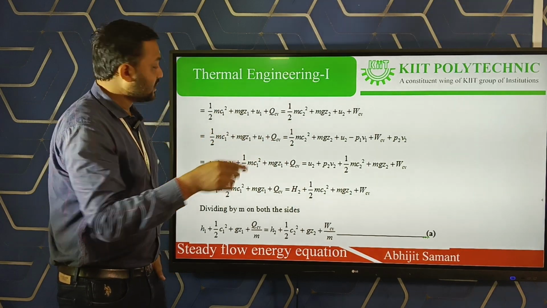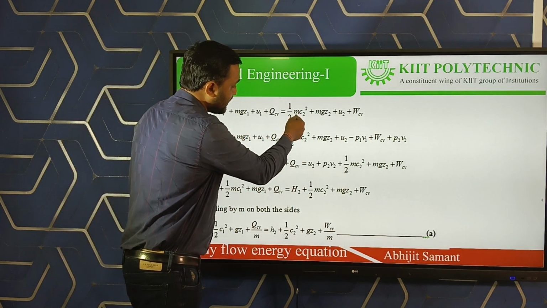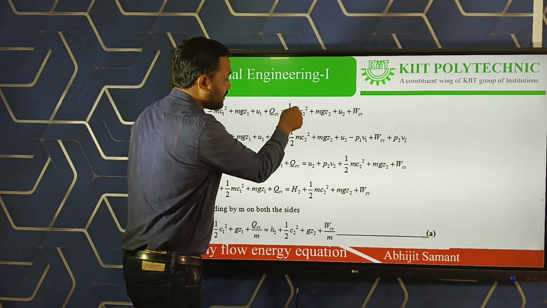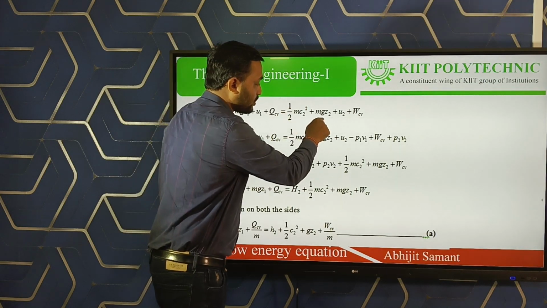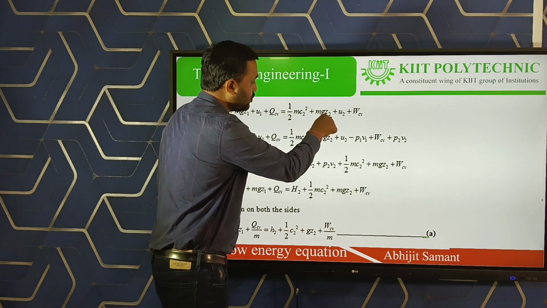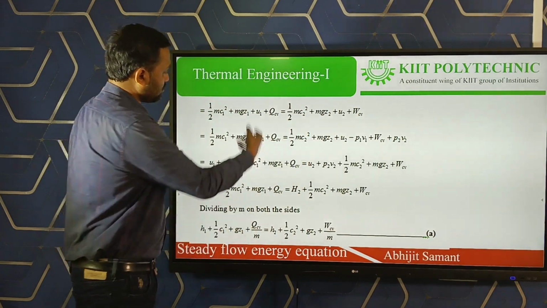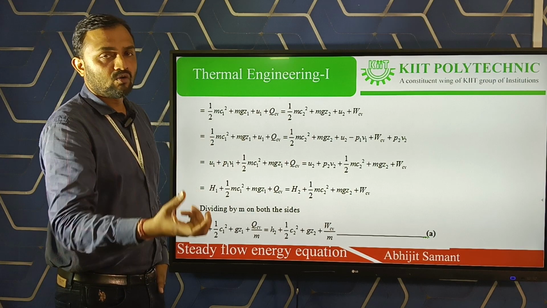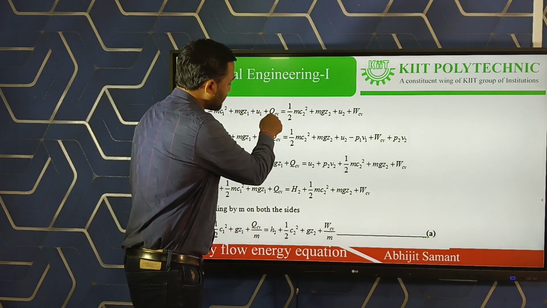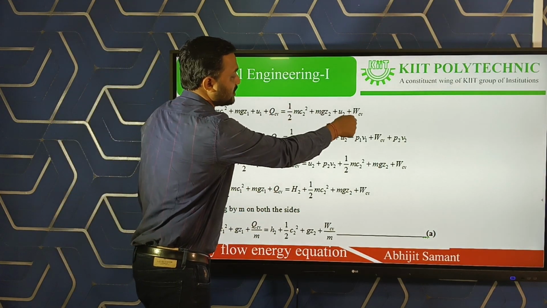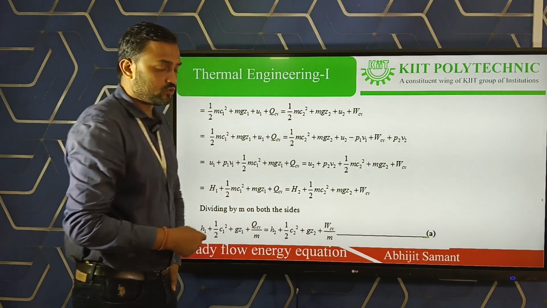In case of outlet, half m C2 square is the kinetic energy, mg Z2 is the potential energy, plus internal energy U2 plus work done WCV. So if you supply some heat, there is some work also. The heat is supplied in terms of QCV and the work done is in terms of WCV.